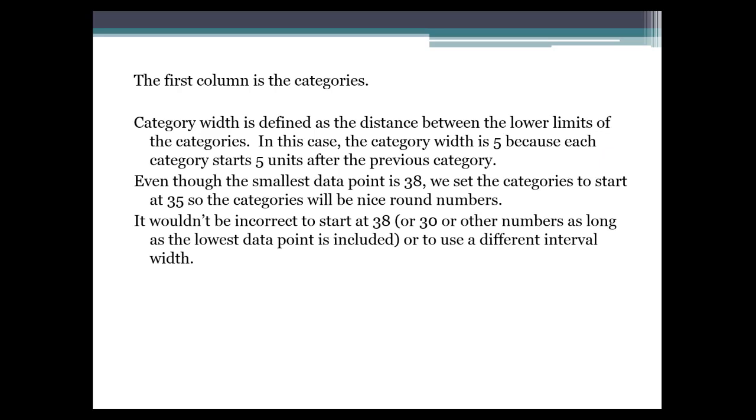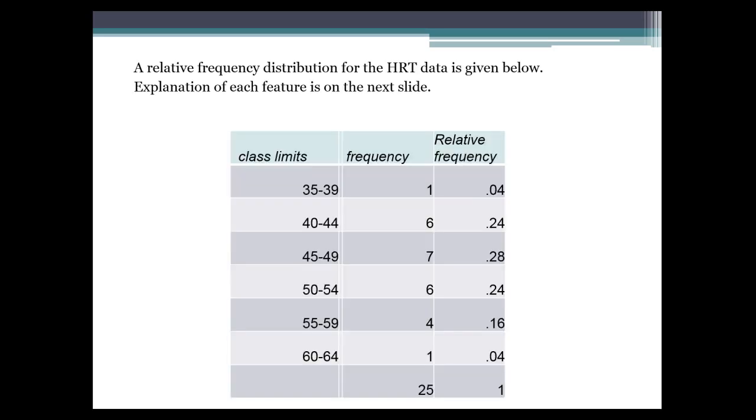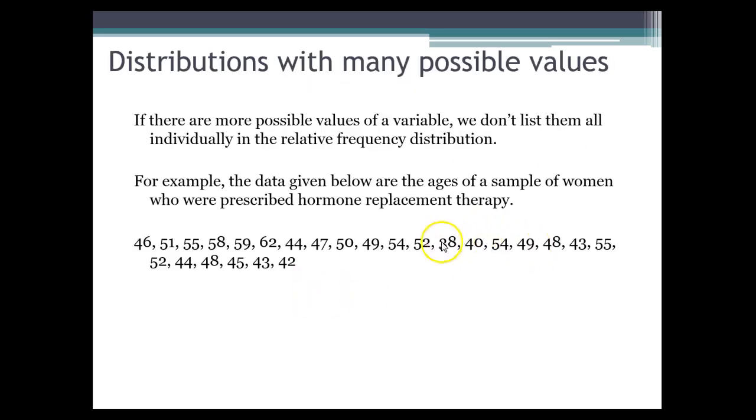So again, category width is the distance between the lower limits of the categories. We had a category width of 5 because each category started 5 units after the previous category. In this one, the smallest data point was 38, but I started the categories at 35 instead of 38 because I prefer to deal with round numbers.